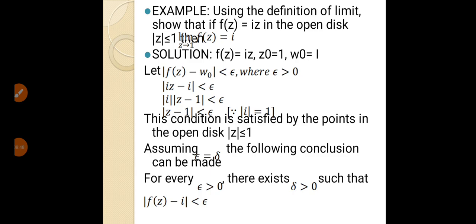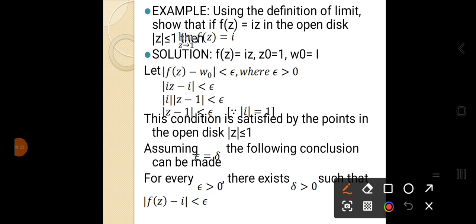Solution: f of z is equal to iz, we are given z0 equal to 1, and w0 equal to i. One correction here: w0 is equal to i.